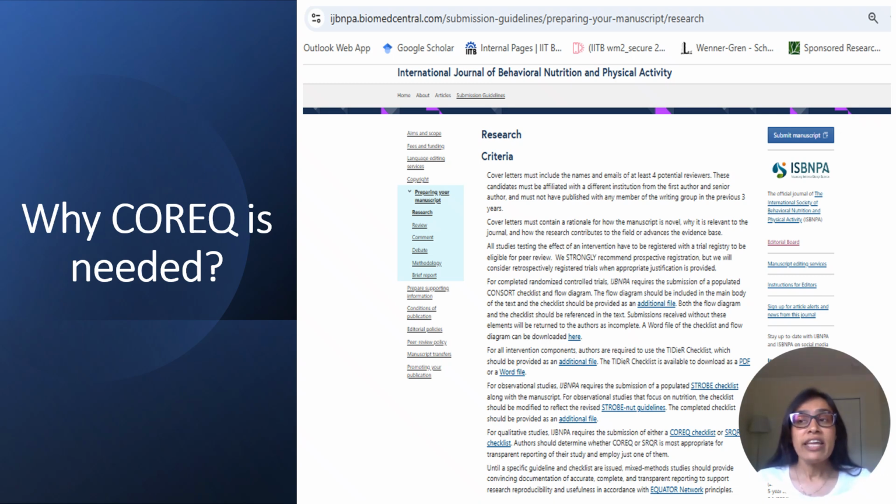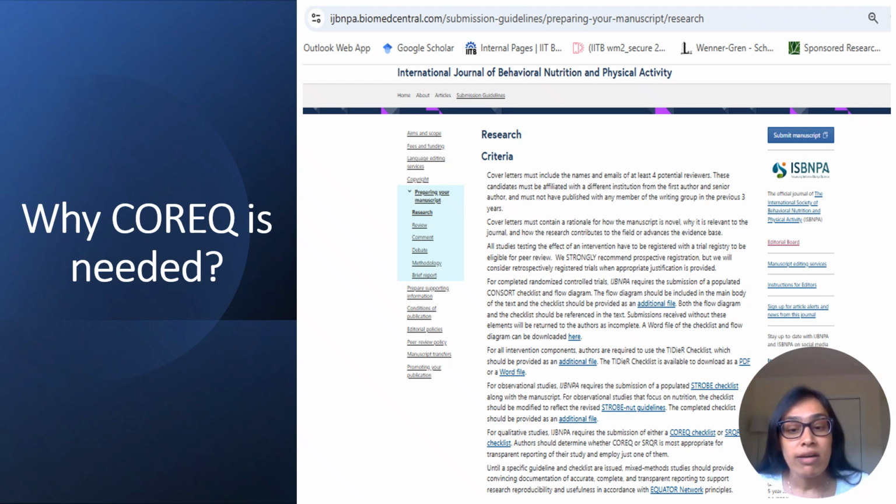Now, even journals recommend the use of a checklist for reporting qualitative research. For example, I have taken something from the journal guidelines of the International Journal of Behavioral Nutrition and Physical Activity. There we have their submission criteria.